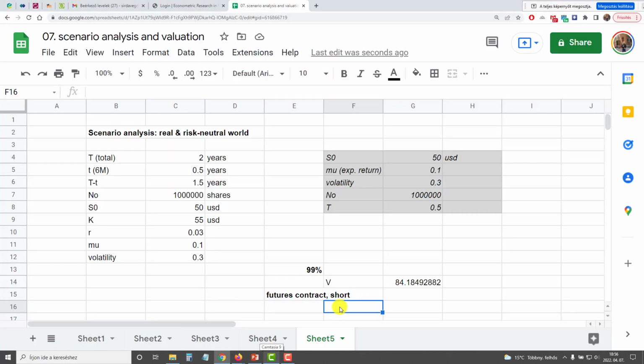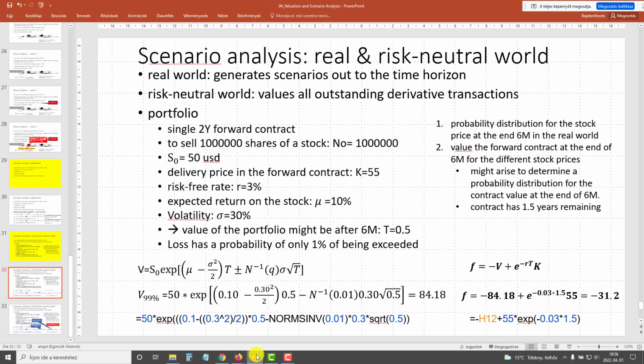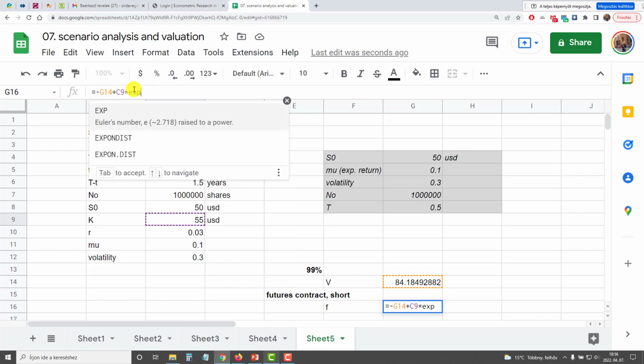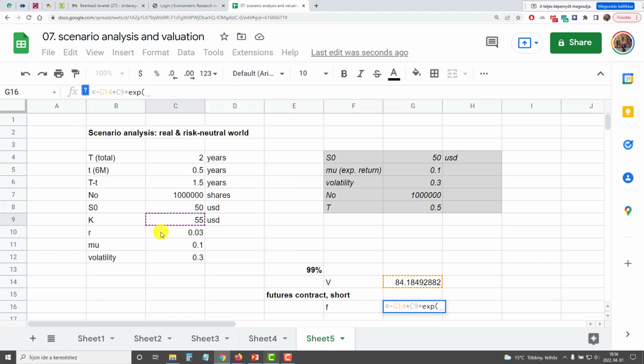So the F. And this is minus V, then plus the present value of the K. So EXP minus R multiplied by the time. So the contract still exists for 1.5 years.